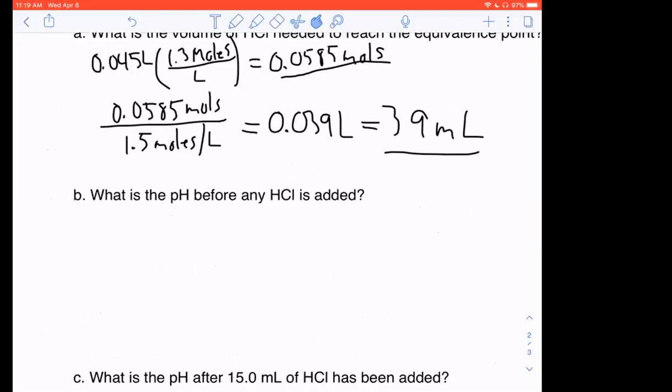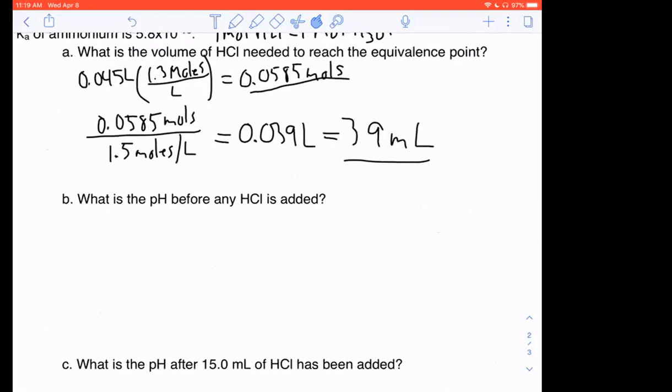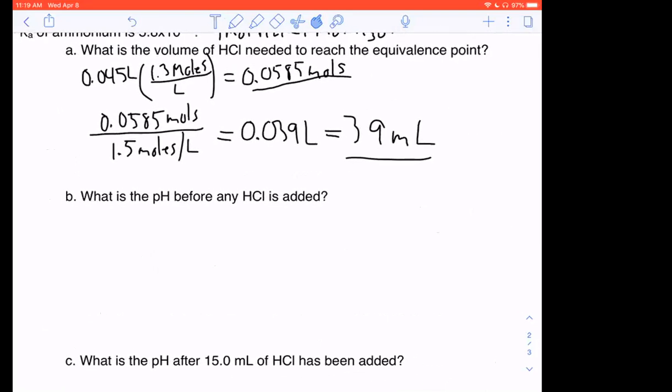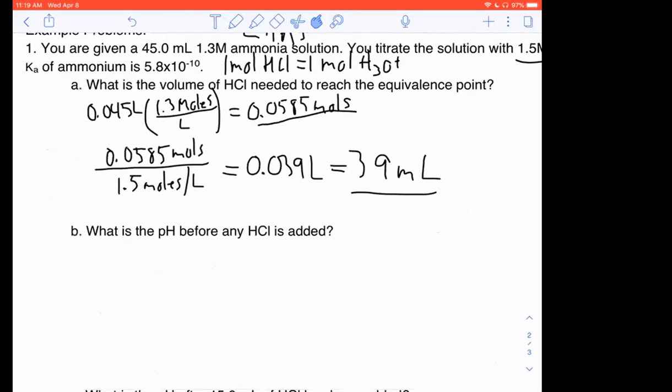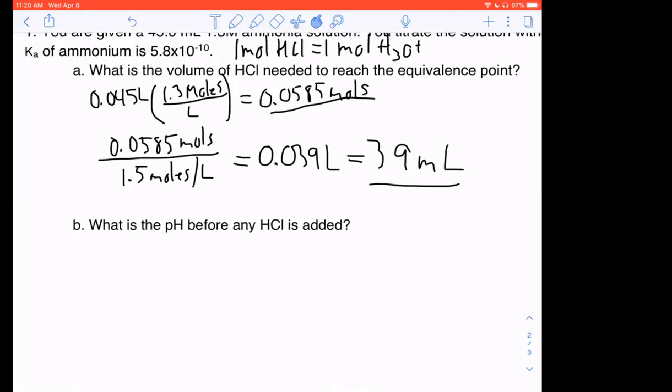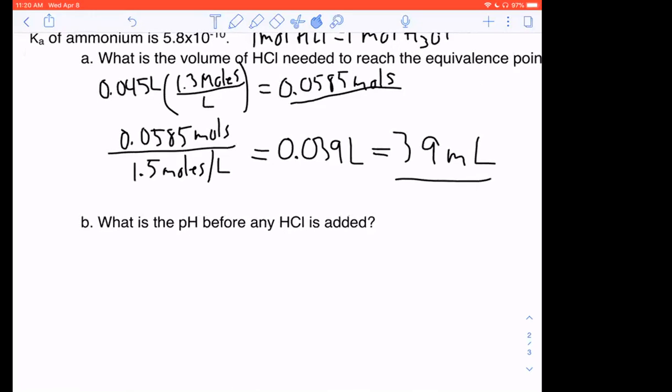The first thing we need to do before we can work out the ice table is convert the Ka to the Kb. It gave us the Ka of ammonium, but we need the Kb of ammonia, and ammonium is the conjugate acid of ammonia. Remember, Ka equals Kw divided by Kb.